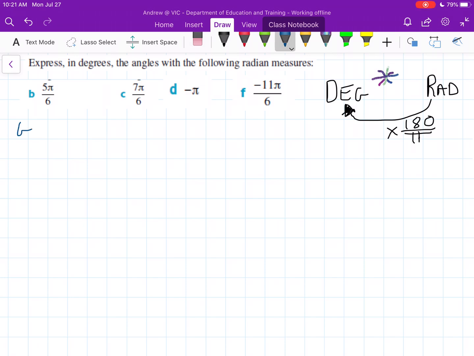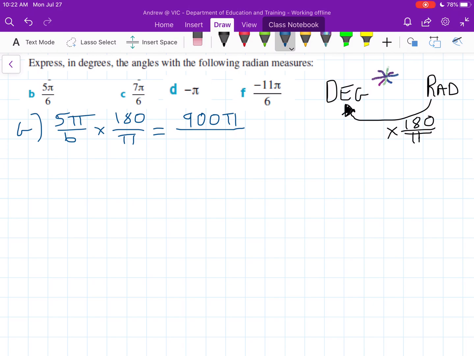So B, we have 5 pi on 6. To get it into degrees, we just need to multiply by 180 on pi. So one way you can do this, combine your 5 pi and 180, so this will give you 900 pi.